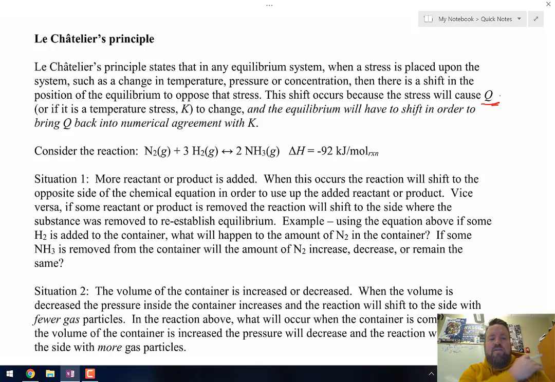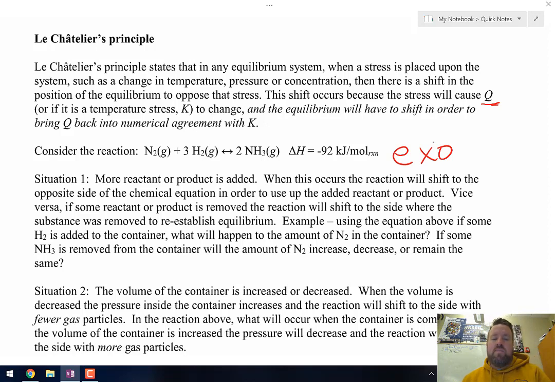So let's go back for a little bit to the reaction. This is the Haber process, where nitrogen reacts with hydrogen to make ammonia, and the enthalpy change is negative 92. We know that is an exothermic process. It releases heat. Here are three main things you're going to see with Le Chatelier's principle.